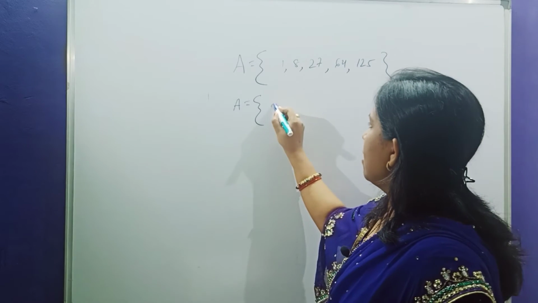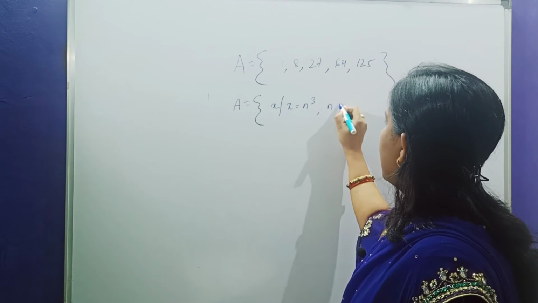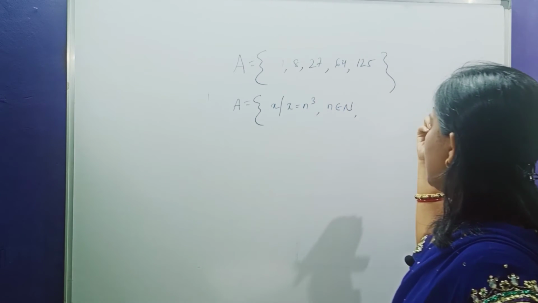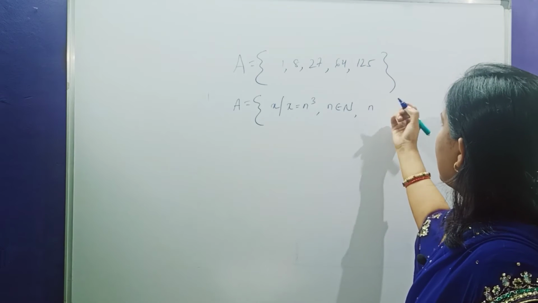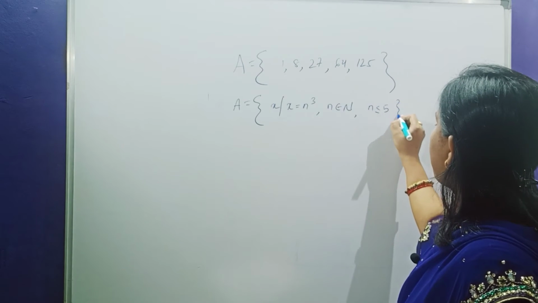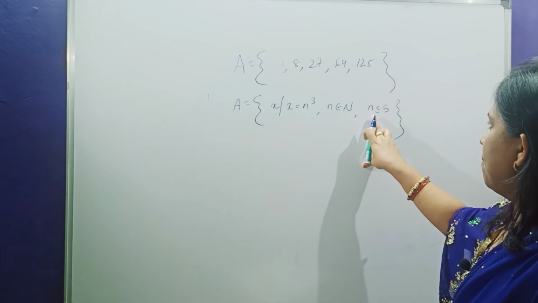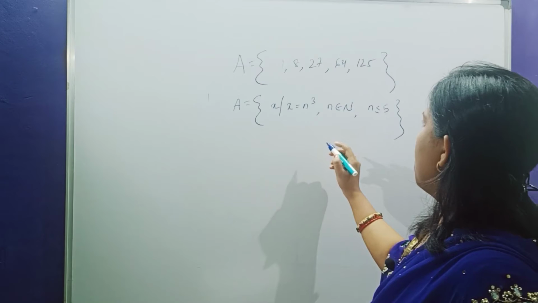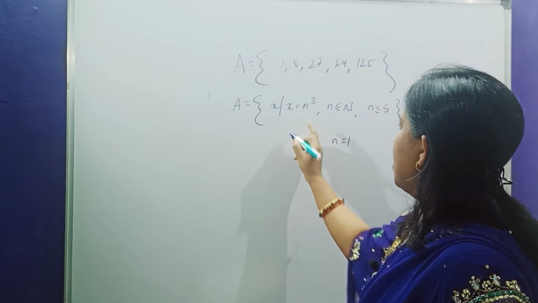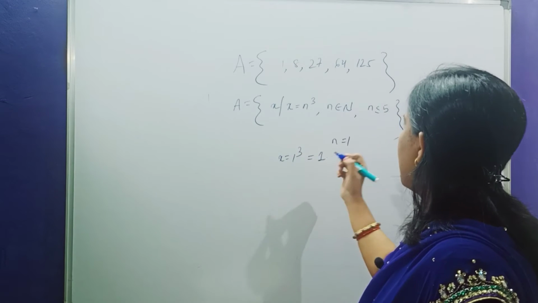So I want to write here x such that x is equal to n cube, n belongs to the set of natural numbers and n less than equal to 5. Okay. So if I am taking n is equal to 1, what I am getting x value? x is equal to 1 cube, that is 1.